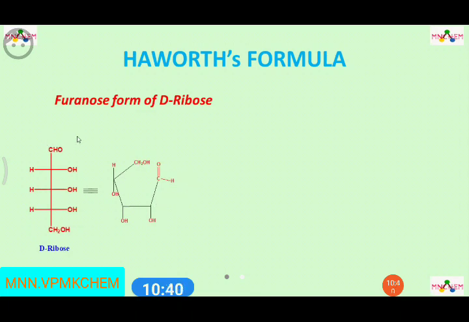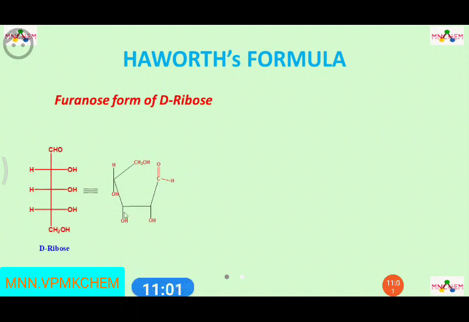Here, during the formation of the five-membered ring structure, the hydroxy group which is present at carbon number 4 should be in close proximity with the aldehyde group.